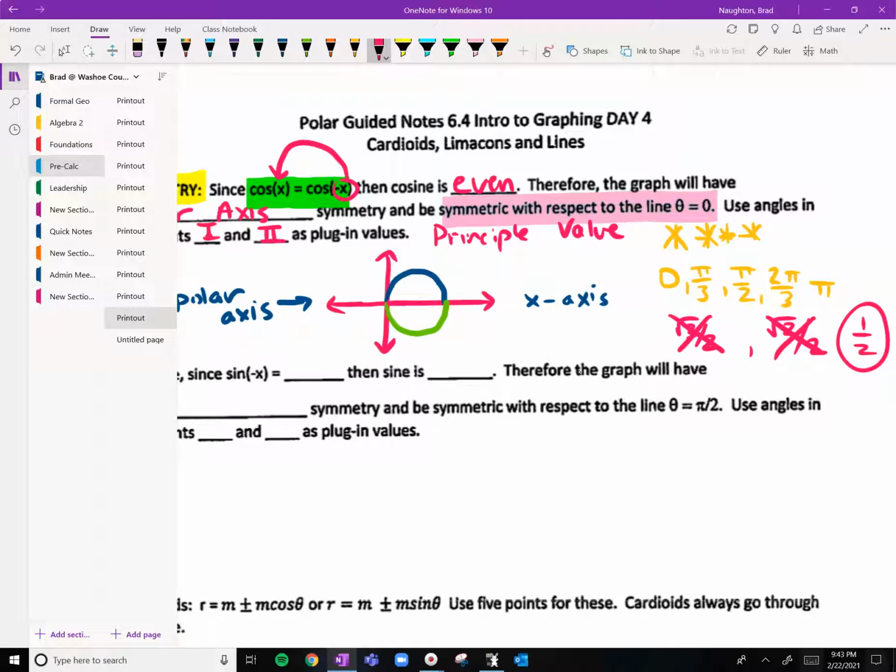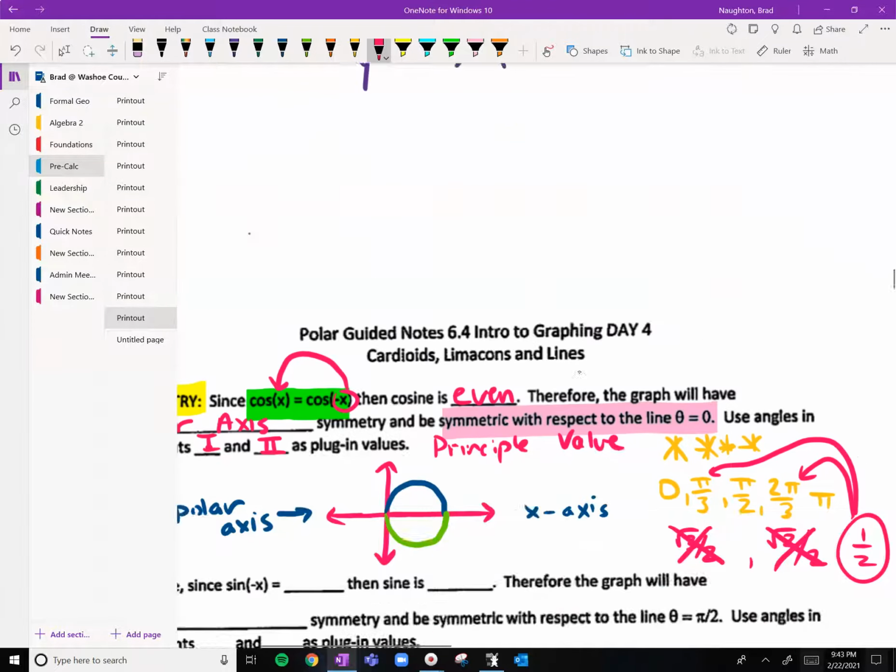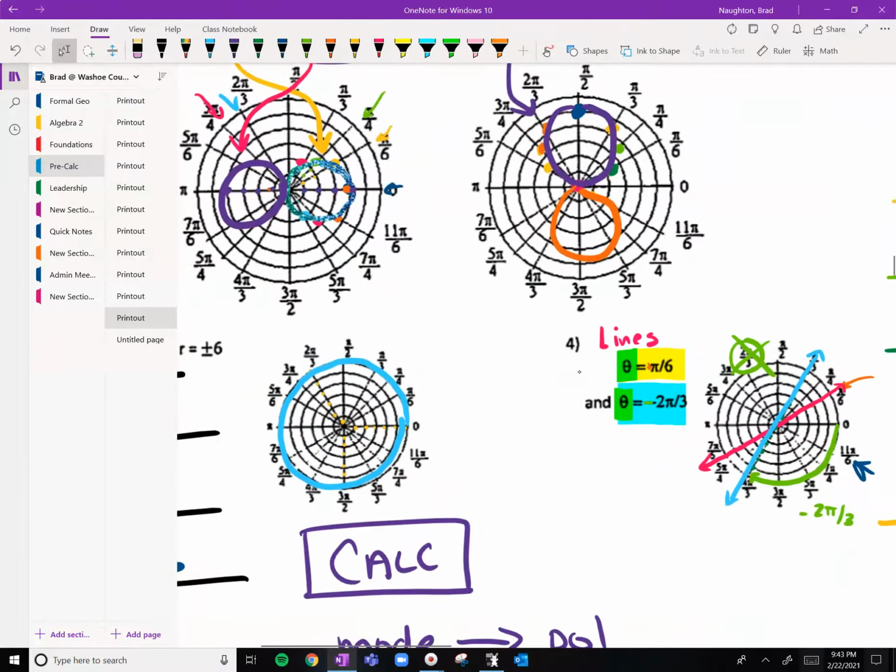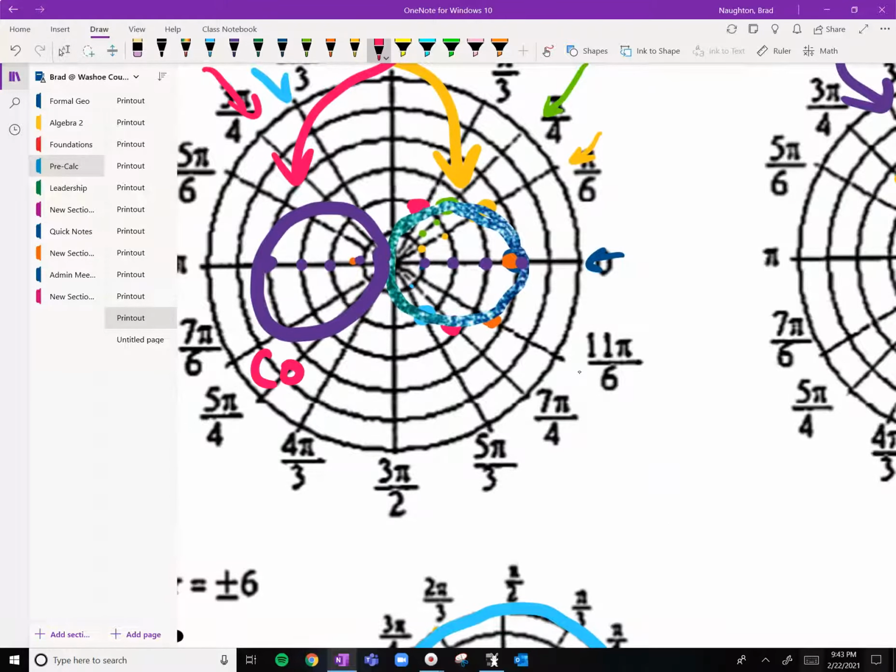So we're going to live in 1/2 land, or 1 or 0. That's why we used this one and this one over here. Remember, cosine was side to side. If we look back over here, this was cosine, this was cosine over here, and this was negative cosine right there. Okay?